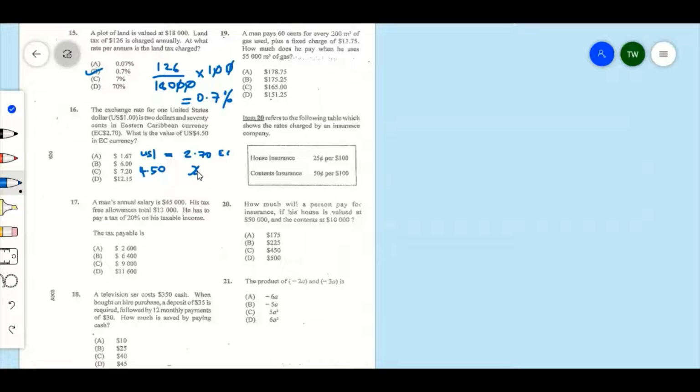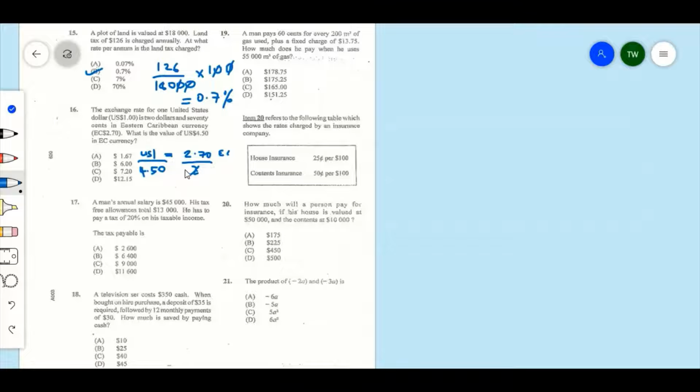We can use a little bit of ratio and proportion to solve this question. So clearly, if we set this up as a fraction, we will have 1 over $4.50 is equal to $2.70 over X dollars. So X is what we want to find.